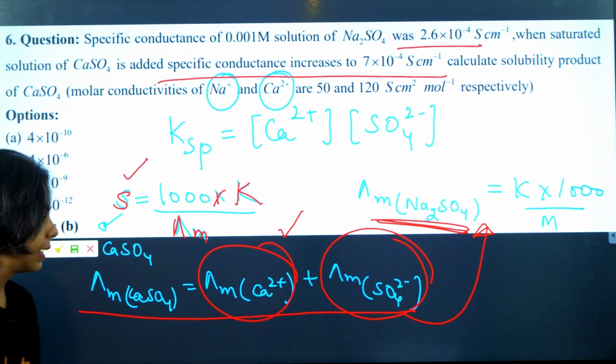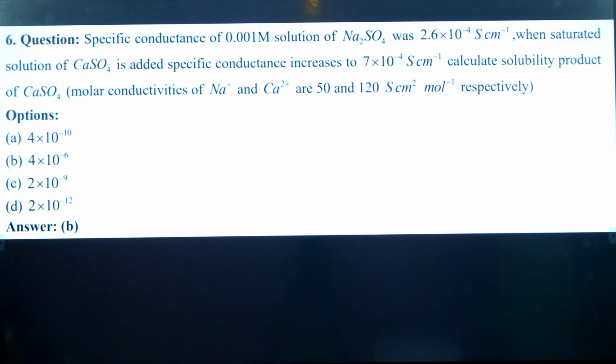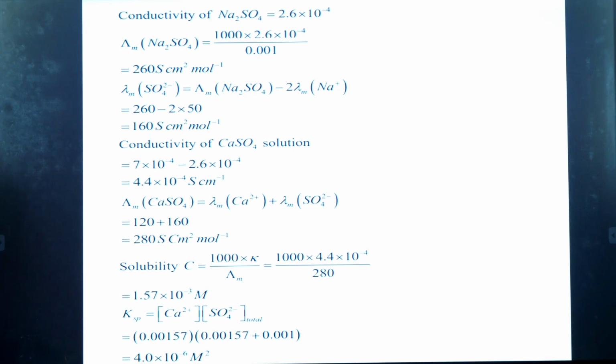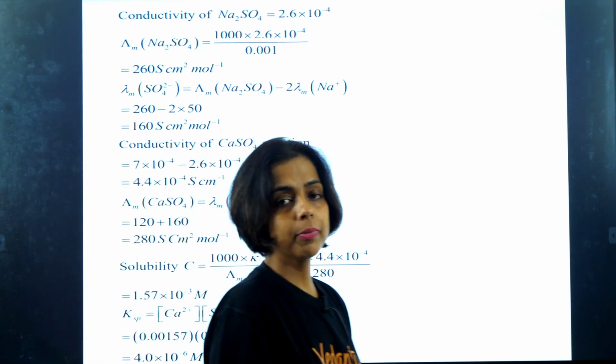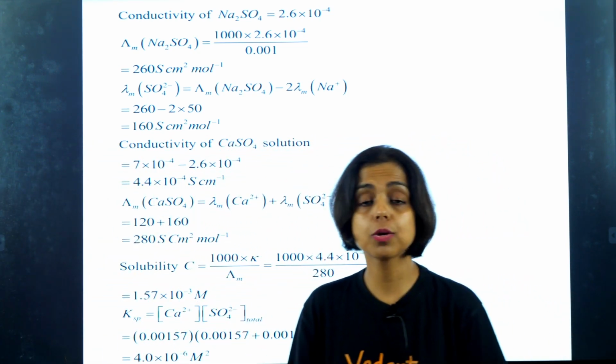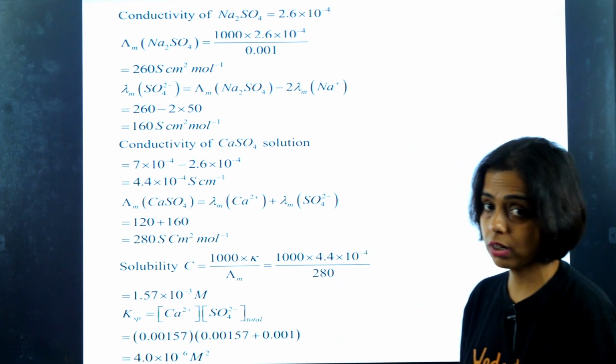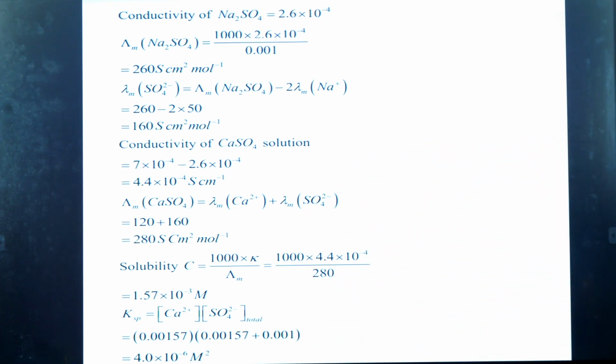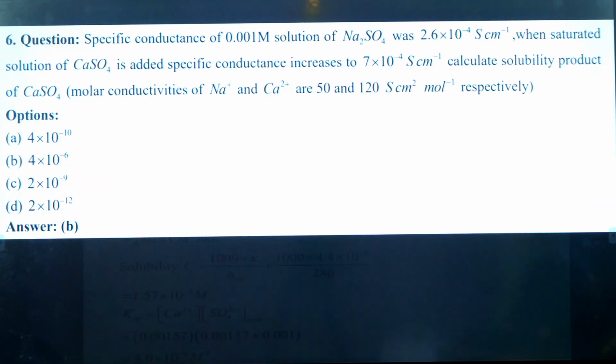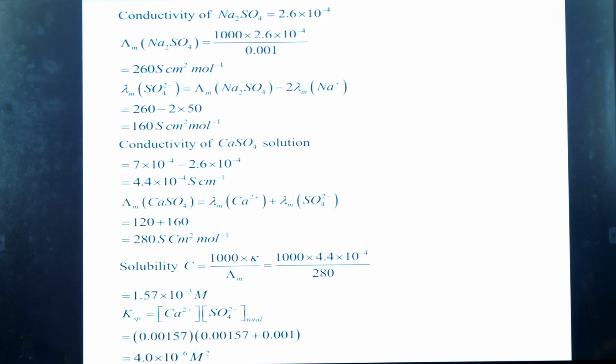Right, guys? Of course, a bit time consuming again, but I'm sure not much is required. So the basic formulas that you are supposed to know are being used here on molar conductance. So ultimately you will get the solution, and the answer indeed is B.